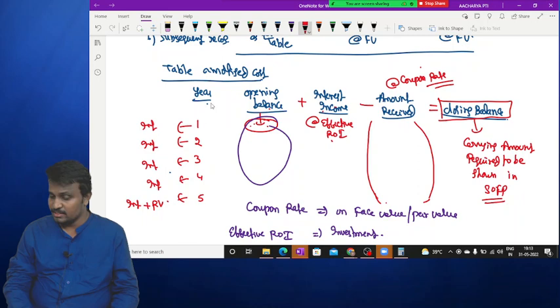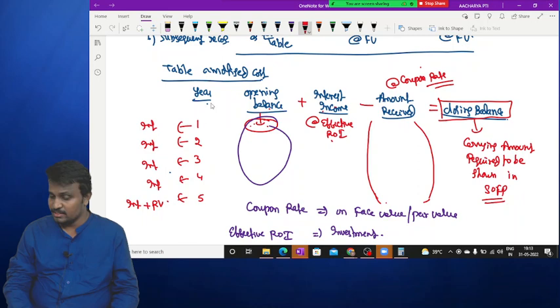So we consider opening balance plus interest income minus amount received is equal to closing balance. What is the life of the loan notes here? 3 years. So 1, 2, 3.